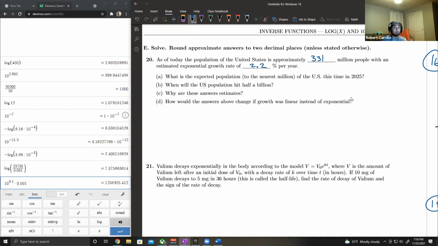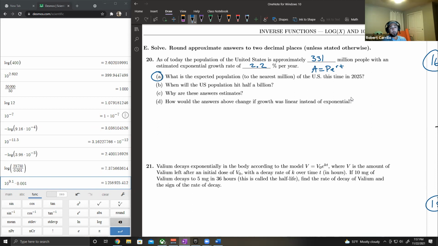Okay. So we have to think of this as a growth problem. Is the United States growing continuously? Yes. We're growing continuously. So we're going to have to use PERT for this. Oops, that's e to the rt. There we go. So for A, what is the expected population?